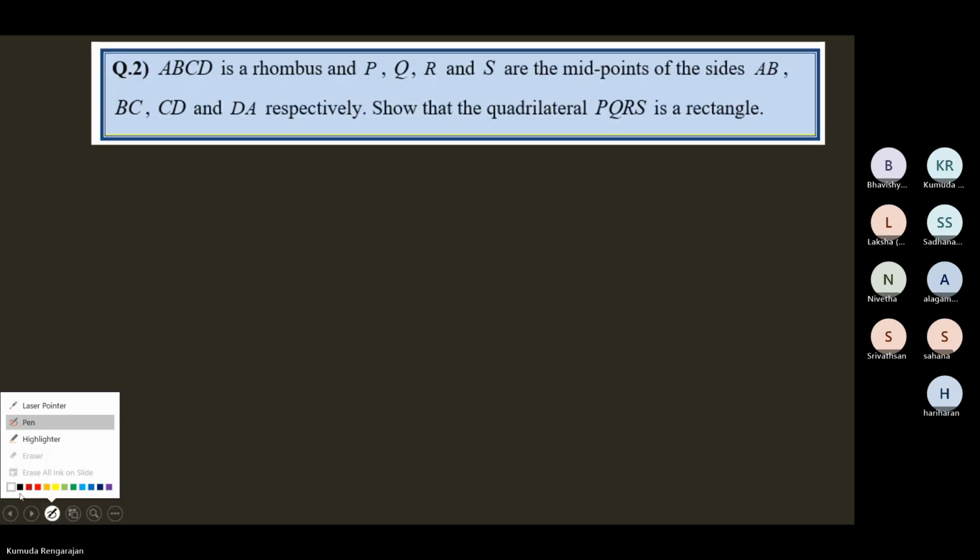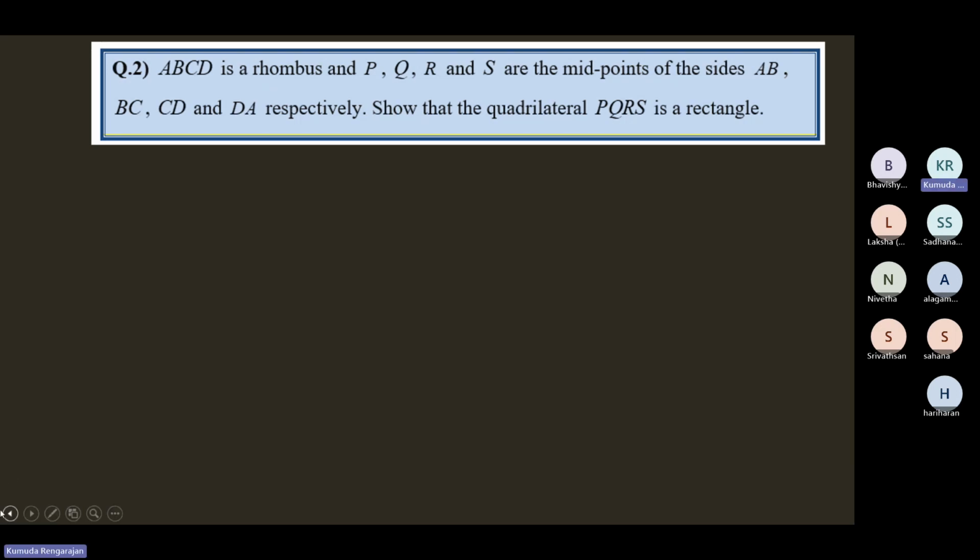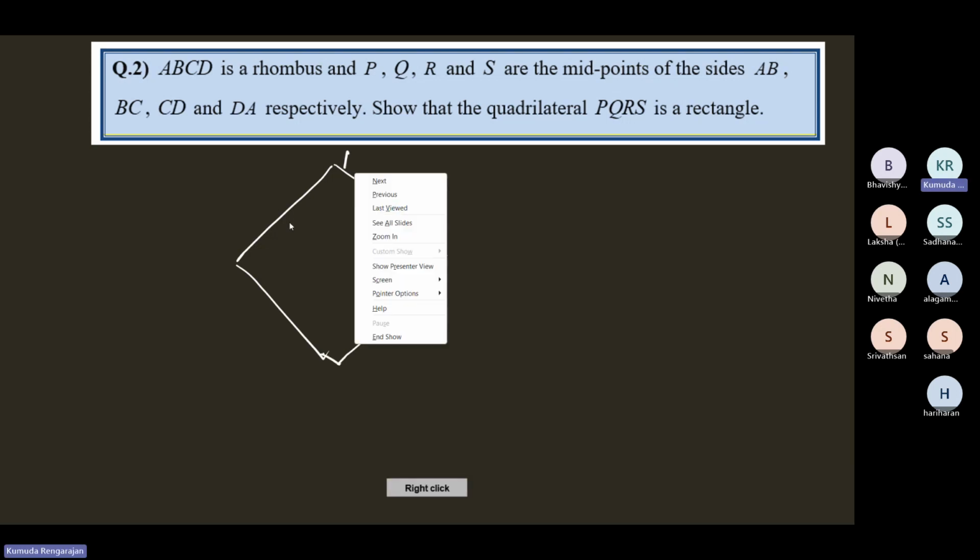Okay. Look at this one. ABCD is a rhombus. P, Q, R, S are the midpoints of AB, BC, CD, AD. Show that PQRS is a rectangle.